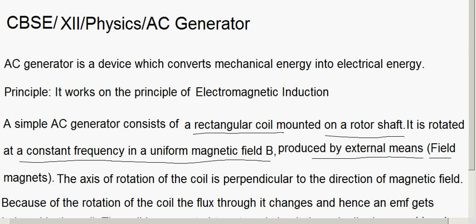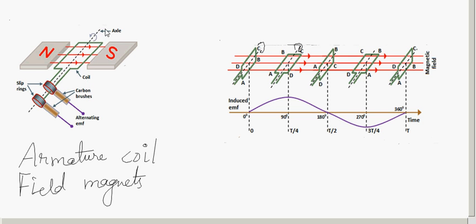We use field magnets. The axis of the rotation of the coil is perpendicular to the direction of magnetic field, as shown here. This is the axis of rotation of the coil. Here I have shown an anti-clockwise direction of rotation of the coil. You can use clockwise direction also, as shown in the next figure.